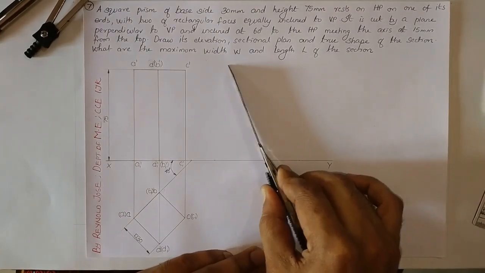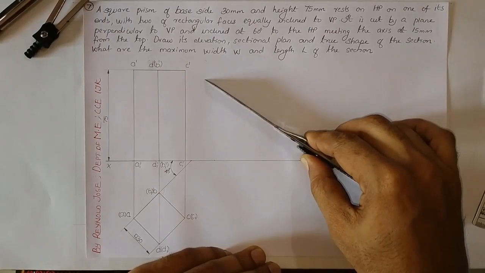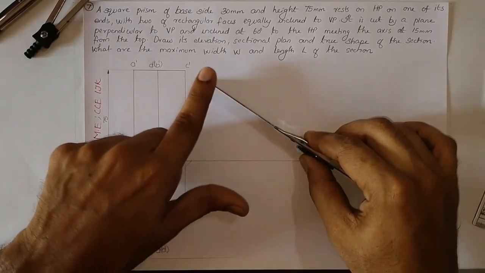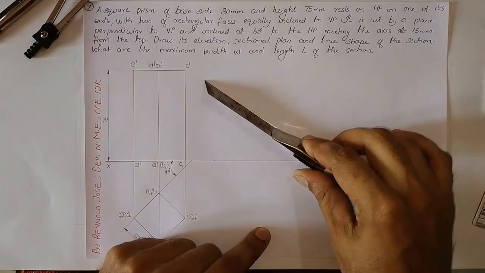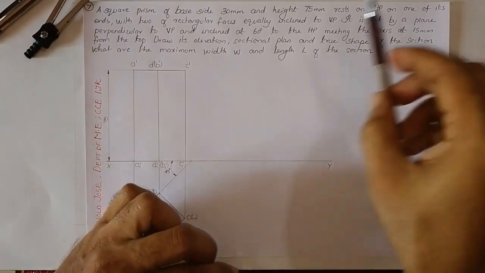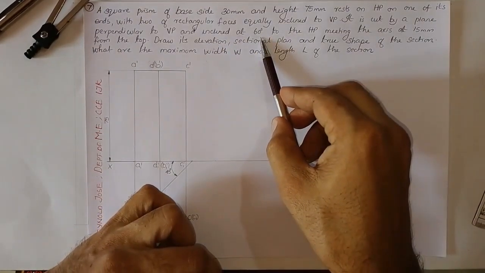So when you are observing from the front, you can see the top of the section plane as a straight line, and it has got an inclination with respect to the horizontal plane. So what is that inclination? The inclination with respect to the horizontal plane is 60 degree.